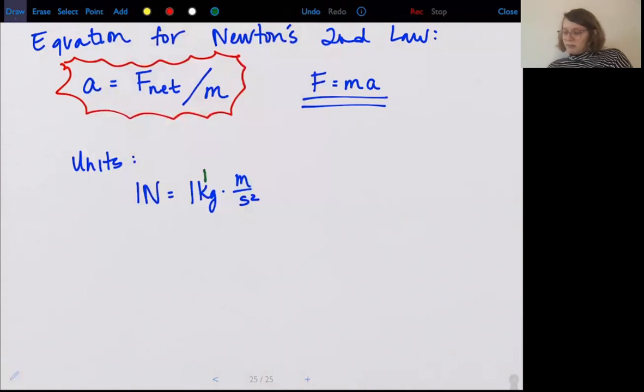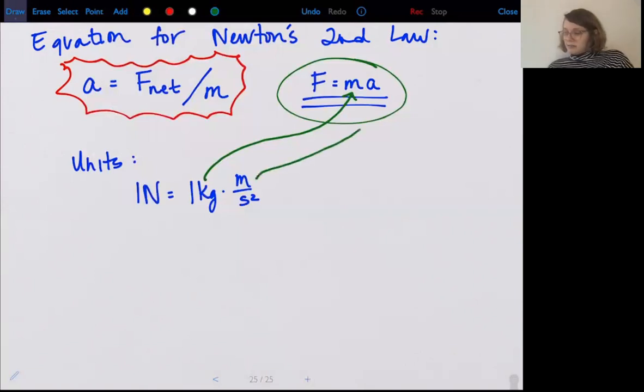Kilograms are the unit of mass, right? And acceleration has the units of meters per second squared, and force has the units of newtons, right? So it actually does make sense, but another way of saying 1 Newton is 1 kilogram times meter per second squared, okay? All right, let's look at some example problems here.